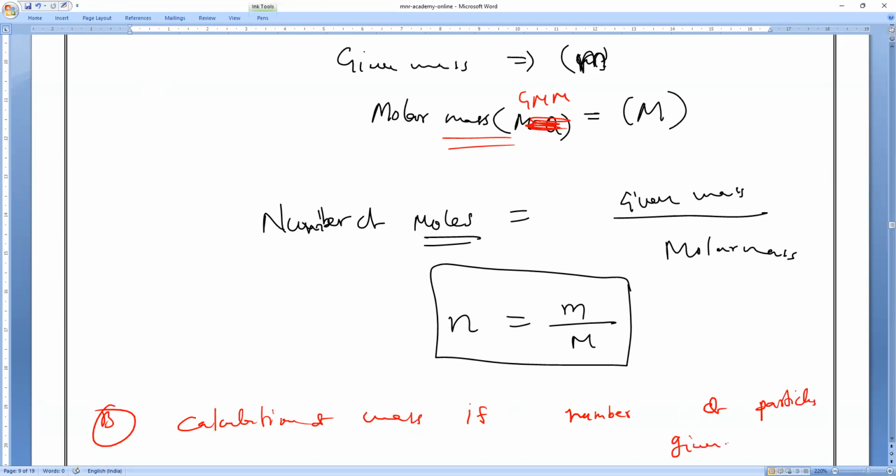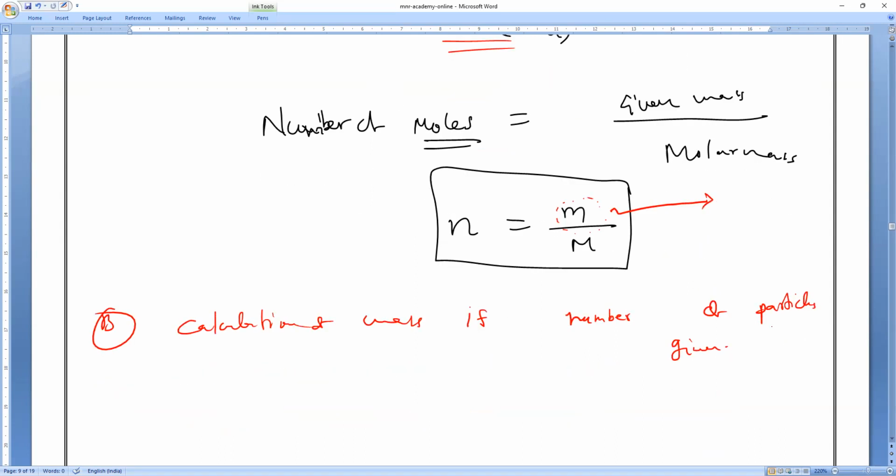Here, instead of particles, what was given before, everybody? Can you tell me? Mass is given, and it is divided by the molar mass or molecular mass. You will get the number of moles.